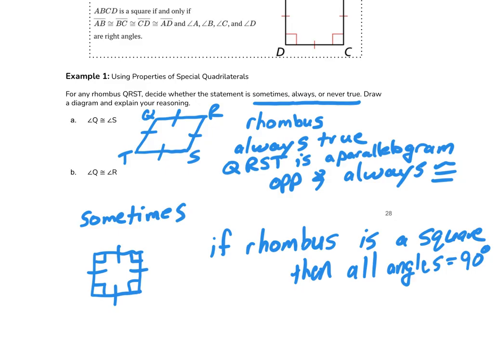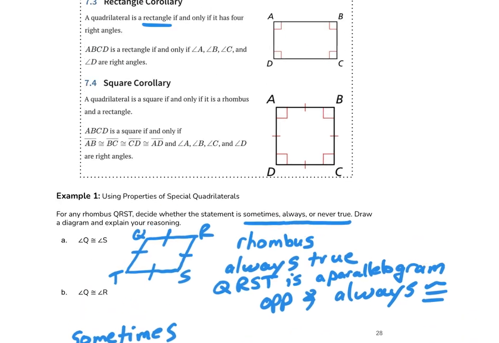If the angles are not 90, then they would not be congruent. So pay attention to where like Q and R are at. Q and R would be those two. About on that previous page.